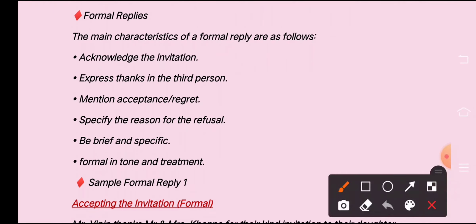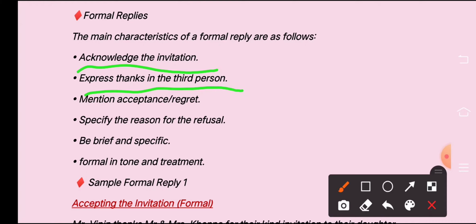Next, the main characteristics of formal replies are as follows. This is the format. First, acknowledge the invitation. I will give you samples of how to do that. You acknowledge the invitation in the first line, then express thanks in the third person.